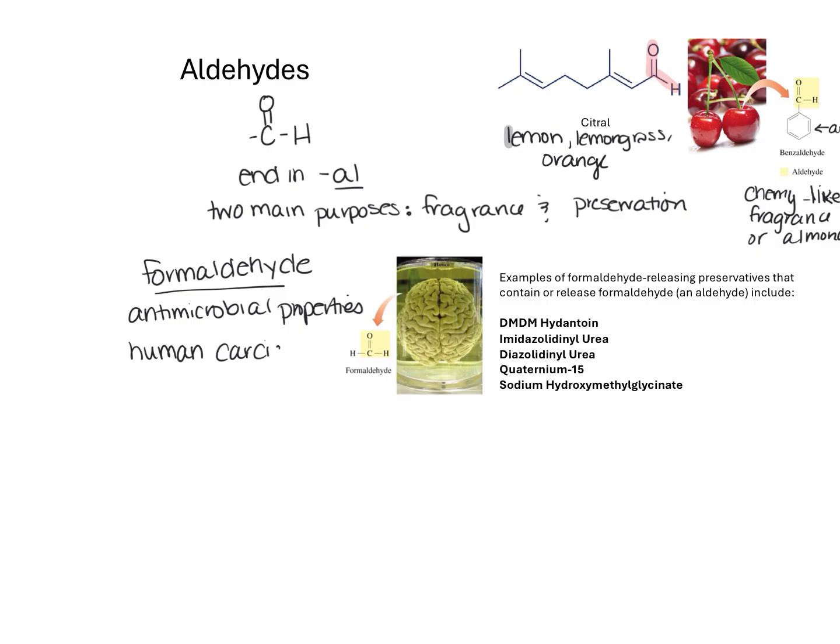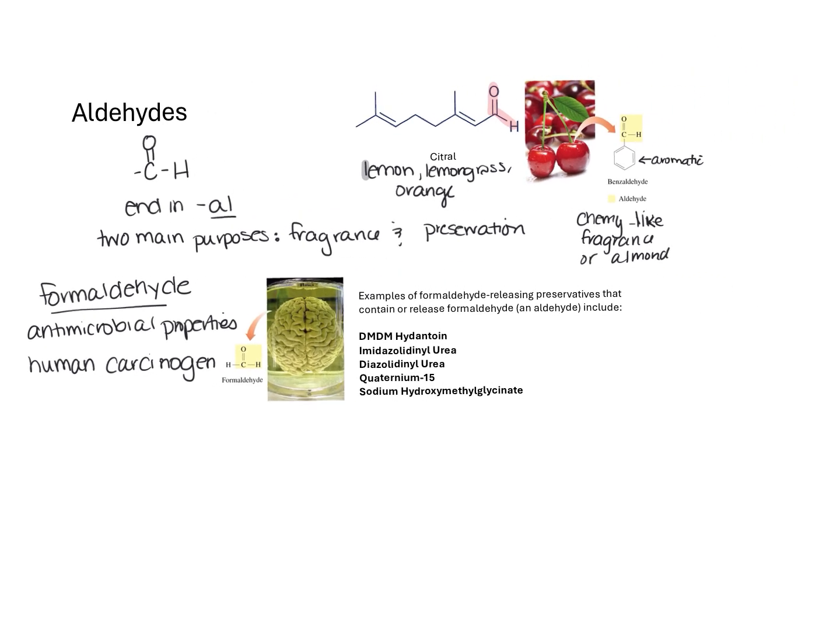So when we talk about something being a carcinogen, that means it causes cancer. So we want to avoid that. Now, what's commonly found in cosmetics are things called formaldehyde releasing preservatives. These molecules slowly degrade over time to release small amounts of formaldehyde. And common ones that you can find on your labels are these molecules here.